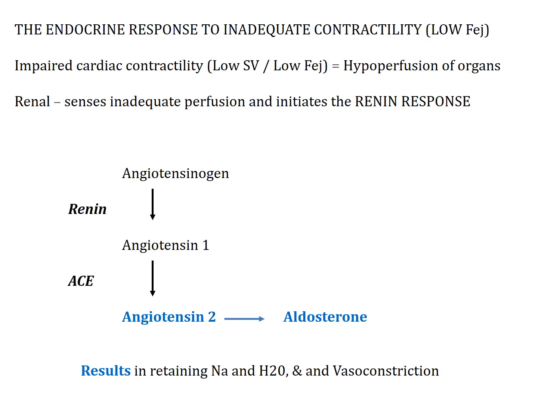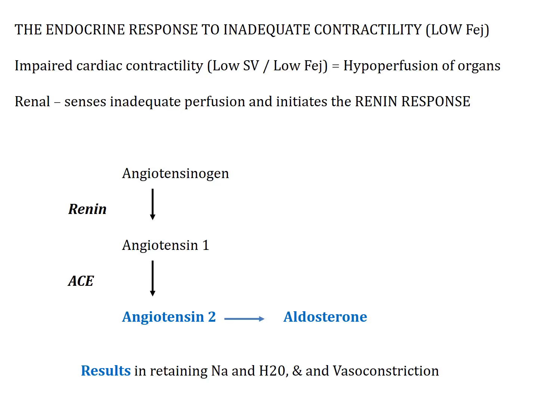And here's that endocrine response again to inadequate contractility or inadequate perfusion. As soon as the heart begins to fail for whatever reason, as contractility goes down, perfusion of organs goes down. That's sensed in the kidney, and that inadequate perfusion is going to initiate the renin-angiotensin II-aldosterone response that will result in the retaining of sodium and water and vasoconstriction.